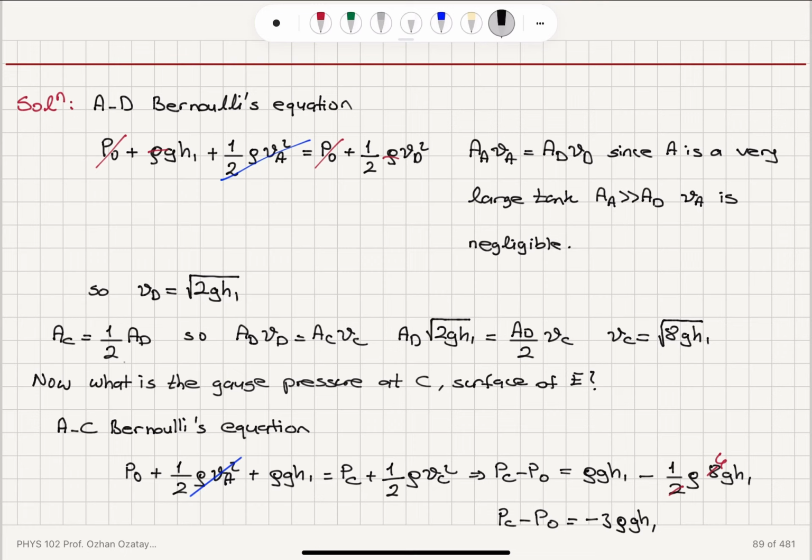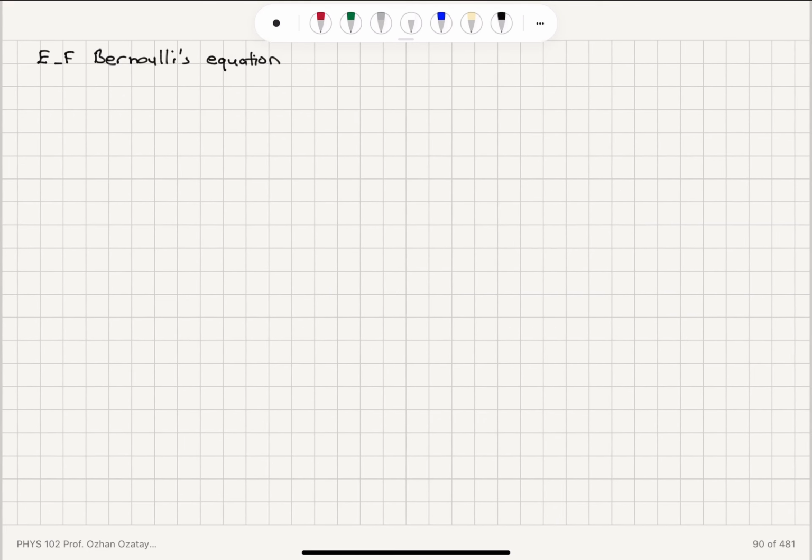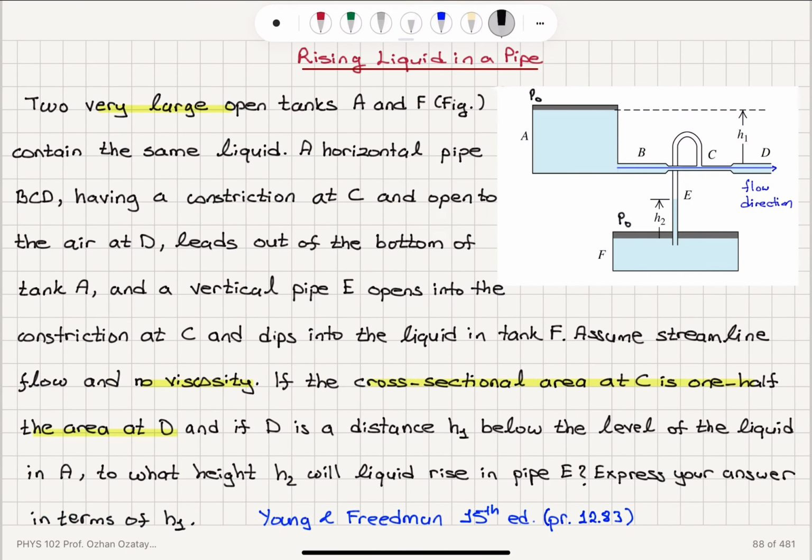All right. So knowing the gauge pressure here, I'm going to write Bernoulli's equation between E and F. So let's work on that. The pressure at the surface of E, which is the pressure at C, plus rho GH2, potential energy, is equal to the atmospheric pressure P0. So we reach equilibrium, nothing is moving anymore, and we have the equilibrium height, right?